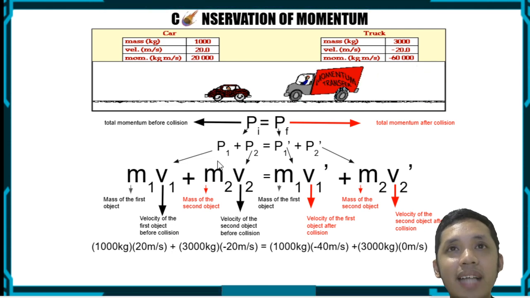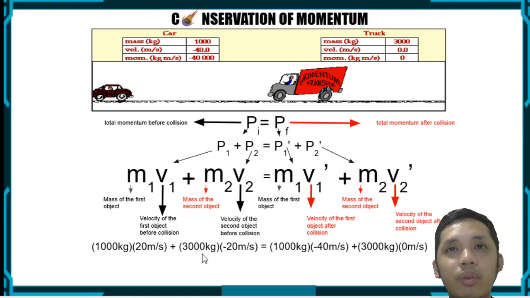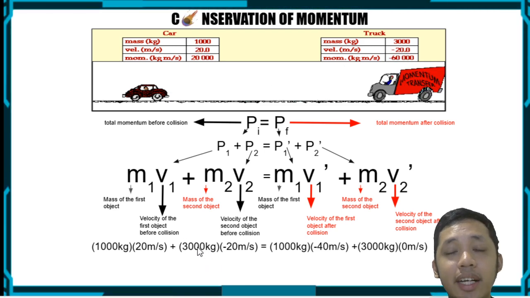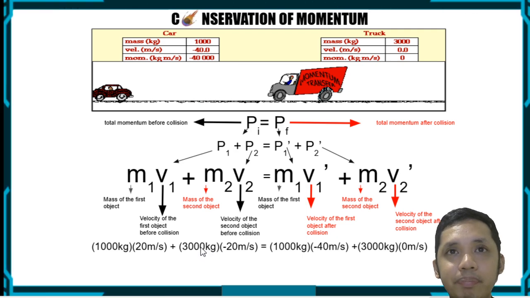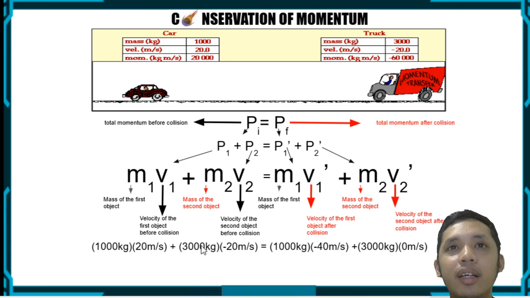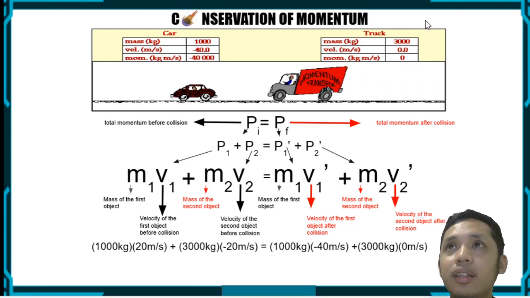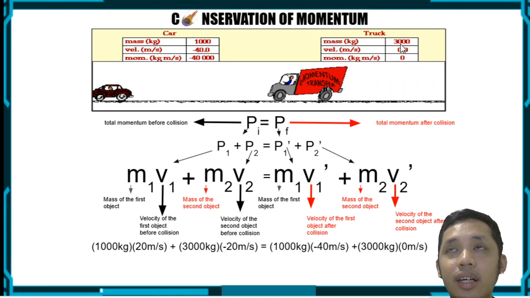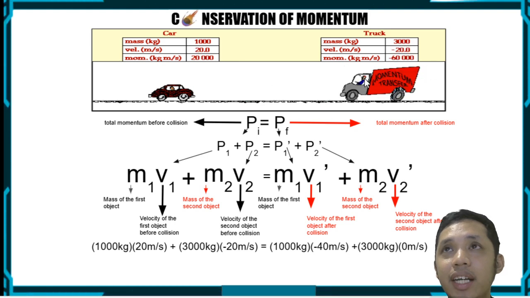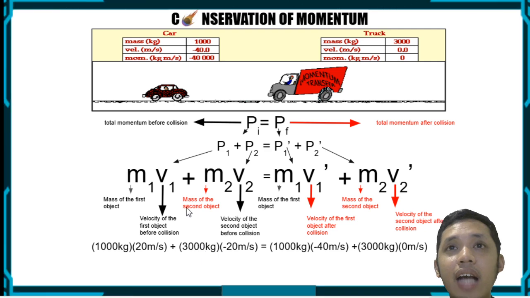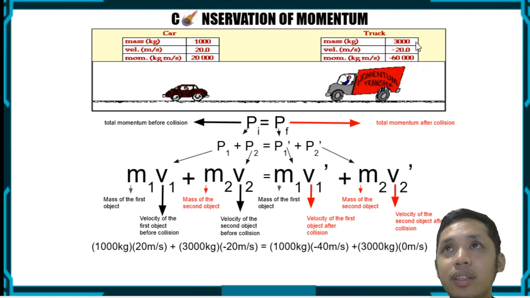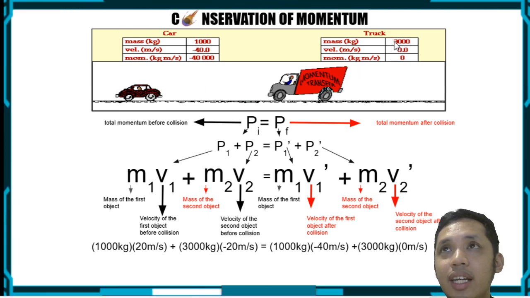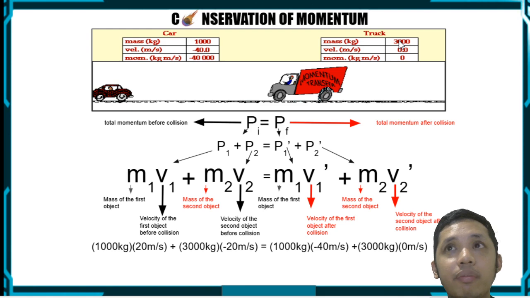And then plus the m sub 2, which is the mass of the second vehicle, 3,000 kilograms. Here, you can see the mass of the second vehicle, 3,000, and after the collision, it does not change. It's still 3,000 kilograms. You can see it here in this GIF.